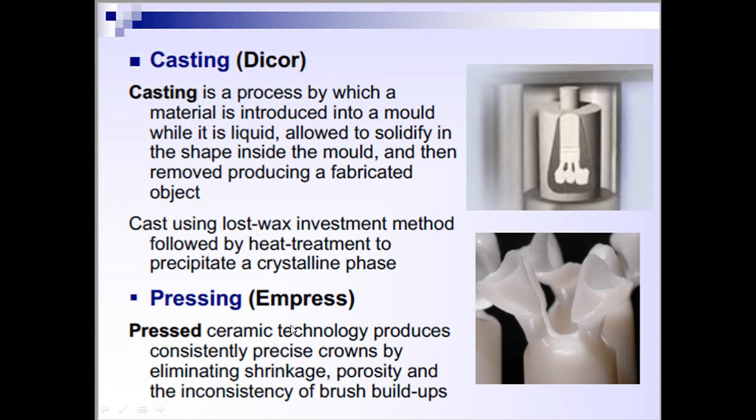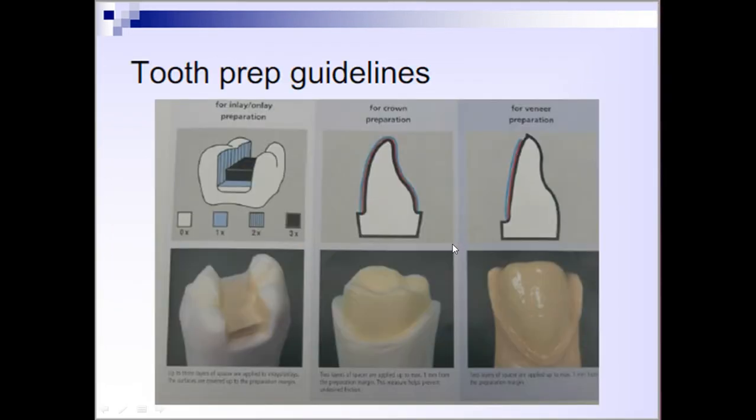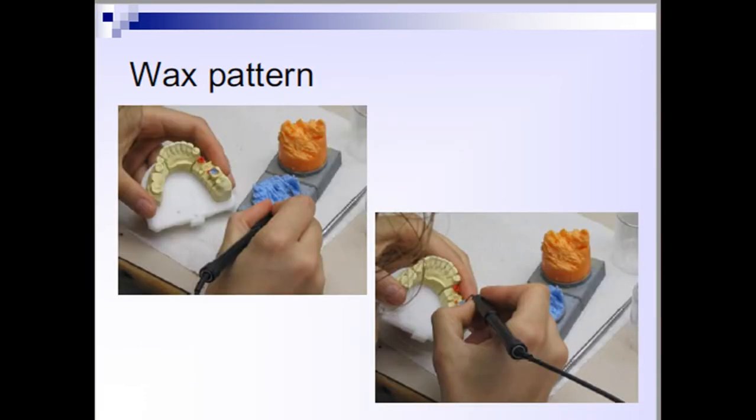And if you're talking about pressing, which is another fabrication method, the procedure is going to be similar, but the furnace we are going to use is going to look like this. So I'll just take you through the procedure of how this happens.